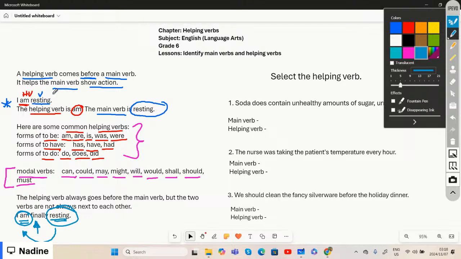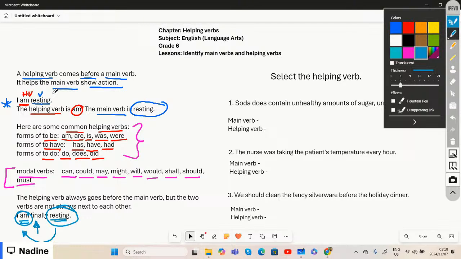So once again, a helping verb comes before a main verb, and the helping verb helps the main verb to show the action. Some of our common helping verbs are words like am, are, is, was, were. These words come before our main verb. Has, have, had. Do, does, did, they come before the main verb.